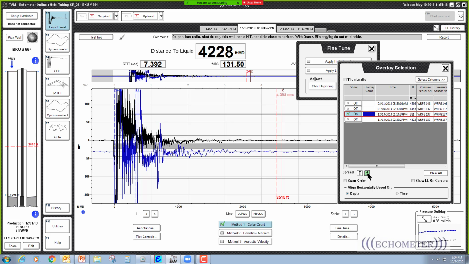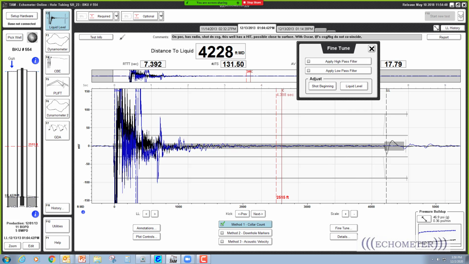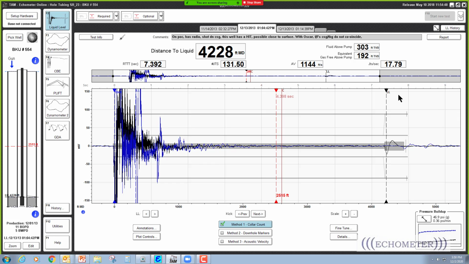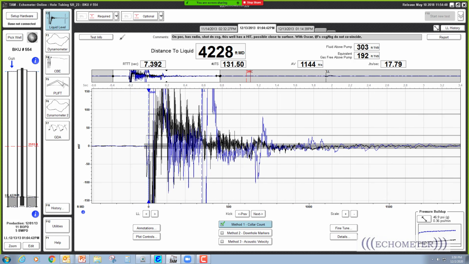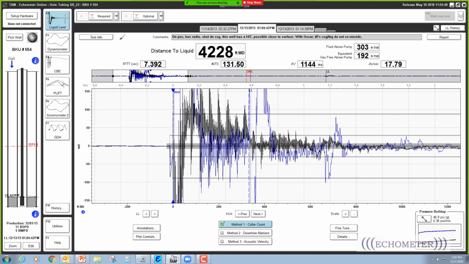So I'm going to put them together, and now they're both on 0, and you can't see anything here, because there's too much energy in the shot and too much noise from the collars. If I pull in here, it's still pretty hard to see and compare.